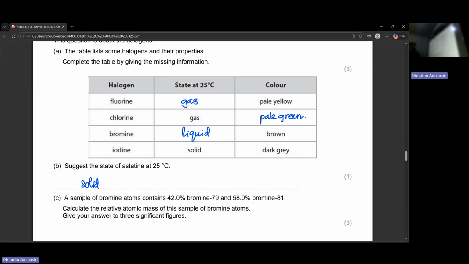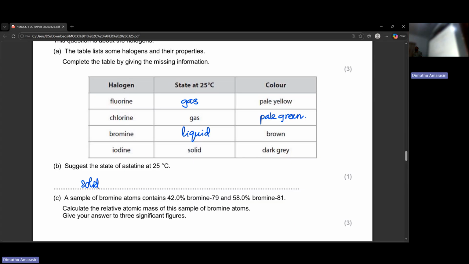Red, brown. Orange, brown. Orange brown, okay, correct. Or orange, bromine aqueous.